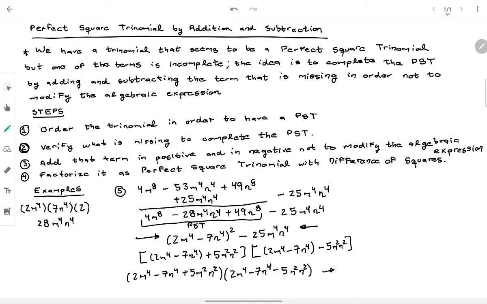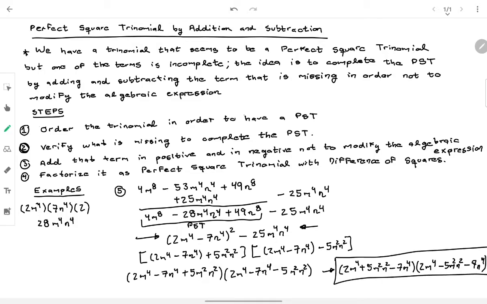So our final answer is going to be 2m to the 4 plus 5m squared n squared minus 7n to the 4, that multiplies 2m to the 4 minus 5m squared n squared minus 7n to the 4. And that will be our correct and ordered answer.